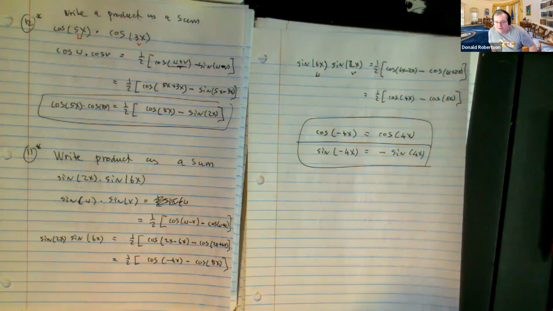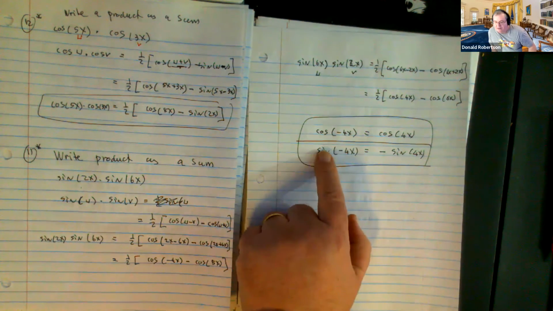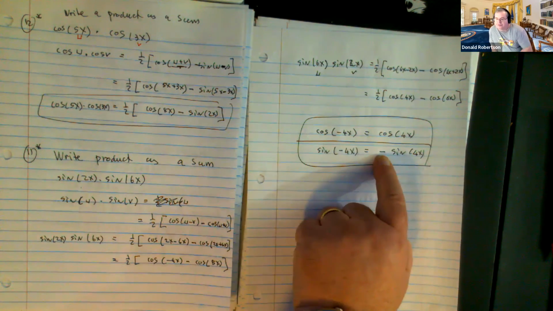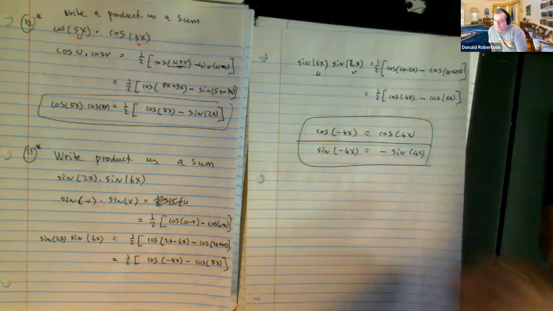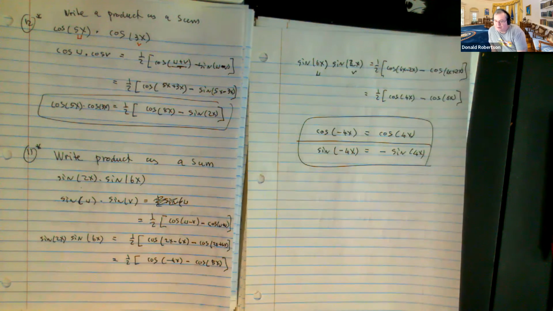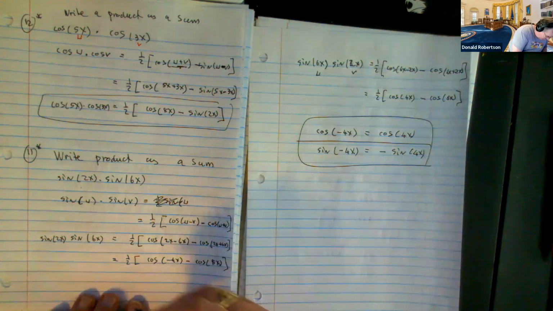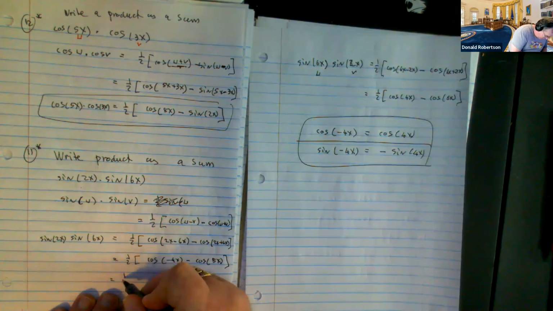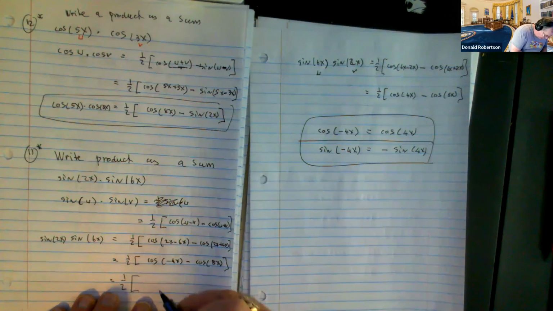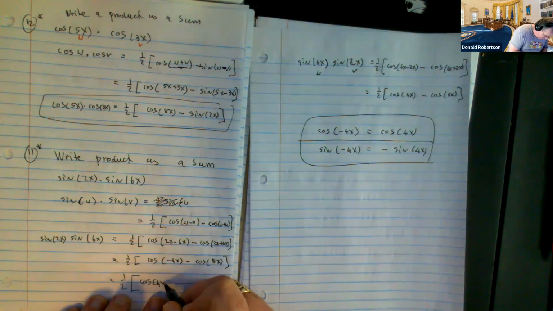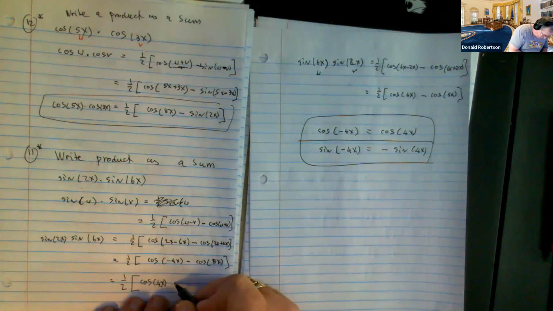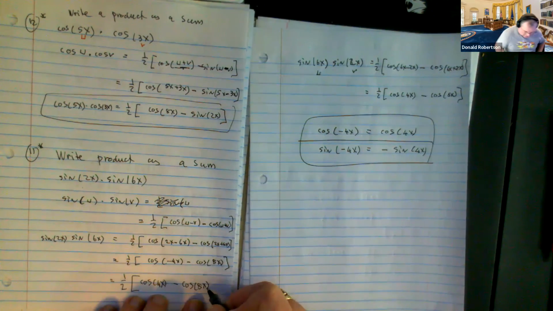And when you do it with a sine, you get the negative of the positive version. So in this case here, if I use that property that I've now just told you, this guy becomes positive cosine of 4x, take away the cosine of 8x, and we get the same answer as we did up there.